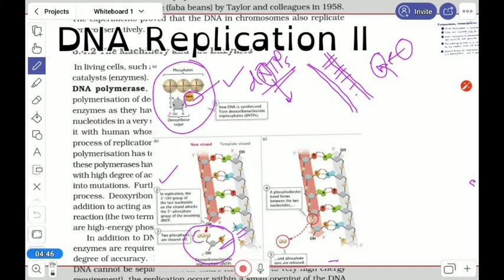Look here: two phosphates will be released, and one phosphate will form a phosphodiester bond, forming the sugar-phosphate backbone.